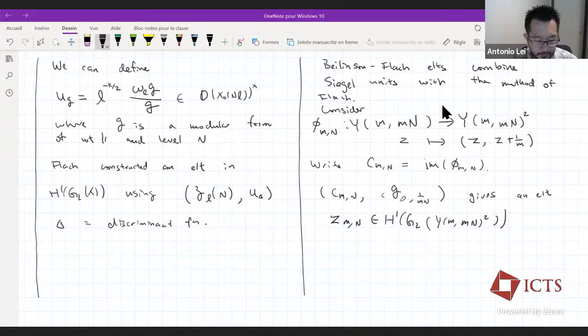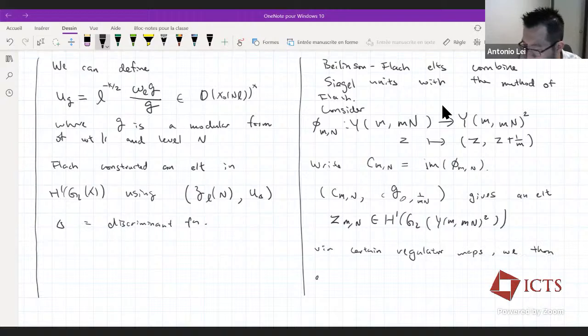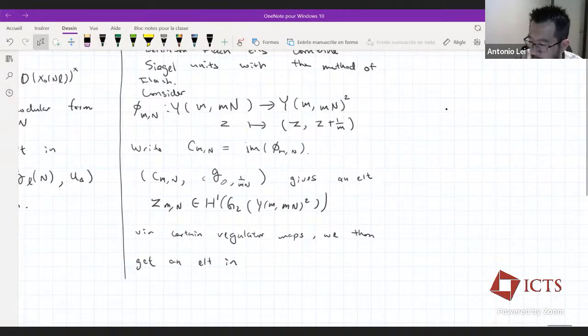Right, and then via some regulator map, you have something in the Chow group, and then you can send this element to something in the Galois homology. So via certain regulator maps, we then get an element in here.